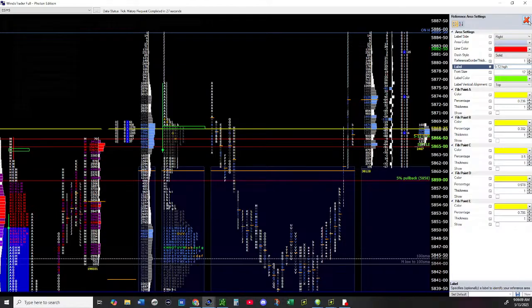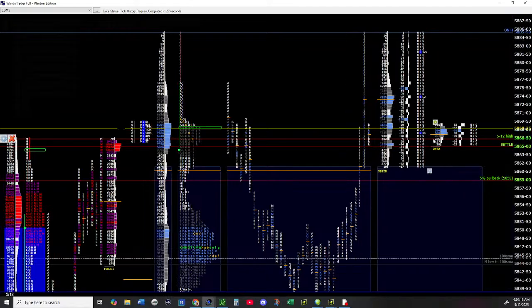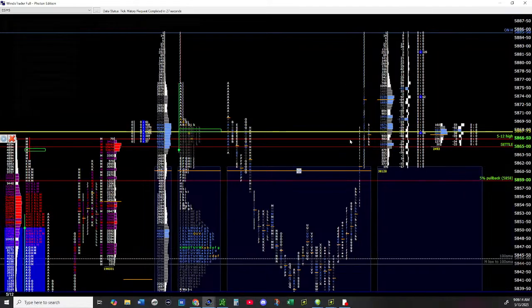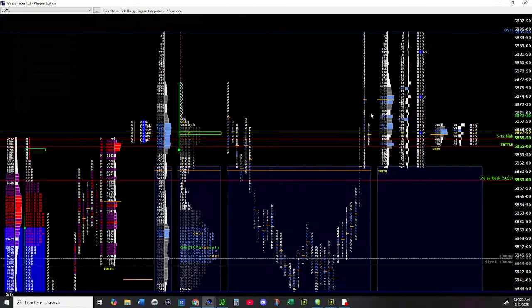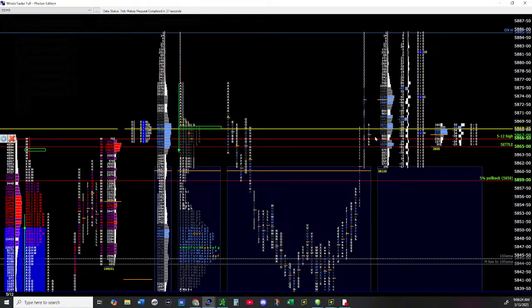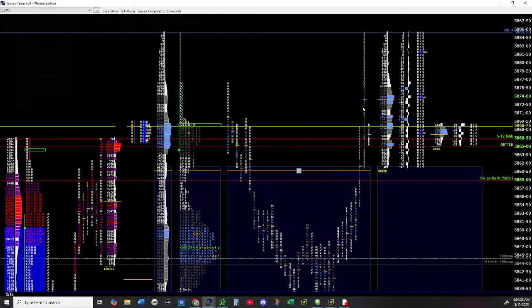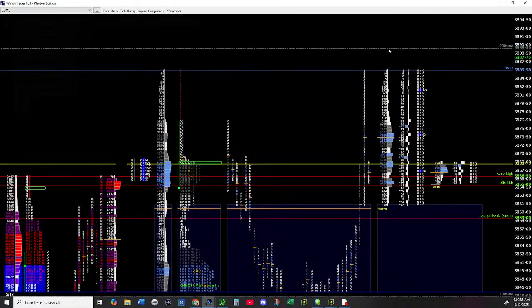This can make the gap close, for example. Opening above this is actually opening with the gap, and it has the potential to open inside the spike or above the spike.